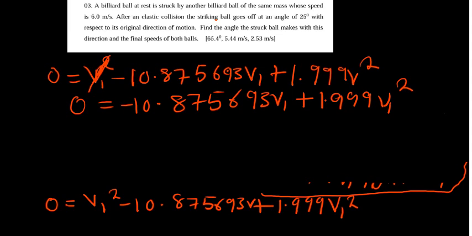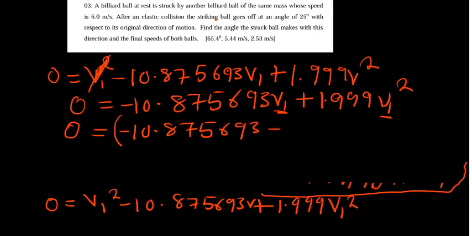What are we going to do here in order to solve this equation? We have like terms, v1 and v1. So we can say 0 is equal to open bracket, negative 10.875693 plus 1.999 v1, close bracket, v1.